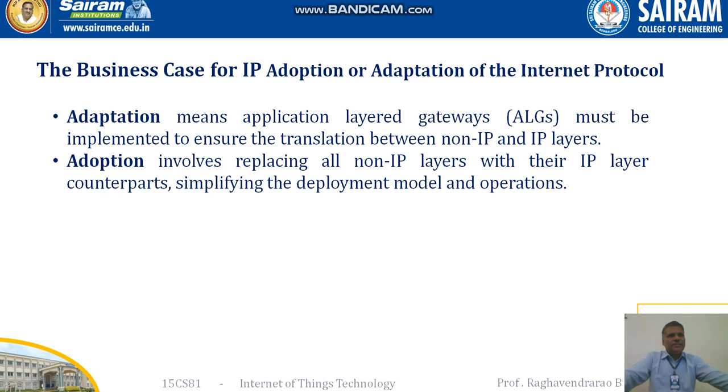Non-IP layers are the physical layers, while IP connects in the network layers. There are many protocols we have to adapt, and through the gateways we can connect. Adoption involves replacing all non-IP layers with their IP layer counterparts, simplifying the deployment model and operations.